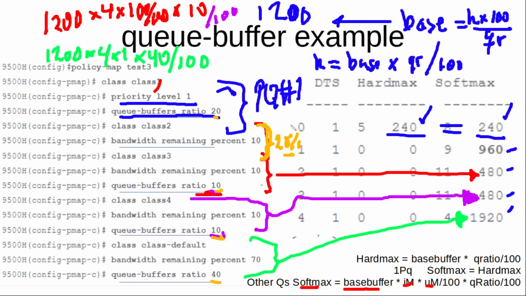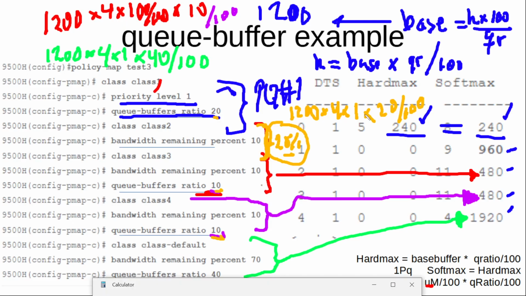So now we have this value figured out. Let's apply the formula. Remember that the formula will be 1200 by 4 by 1 by 20 and divide that by 100. So let's bring up the calculator. Okay, so let's calculate that.